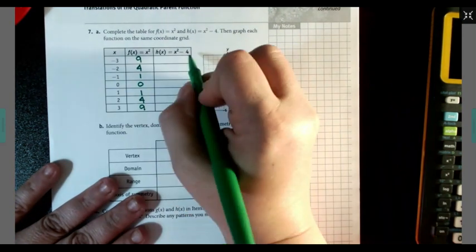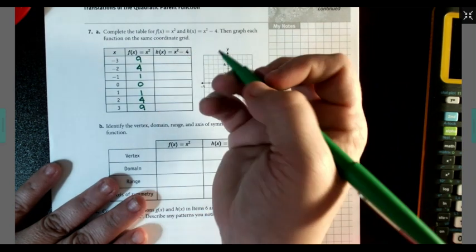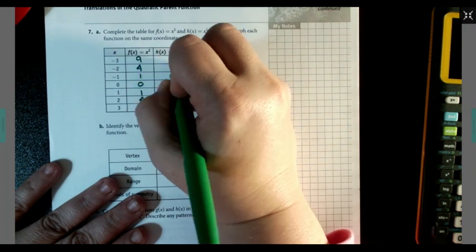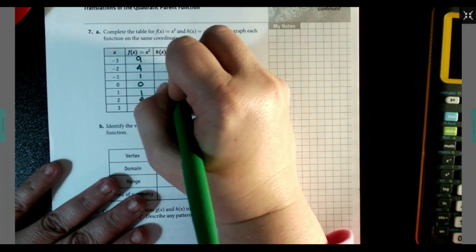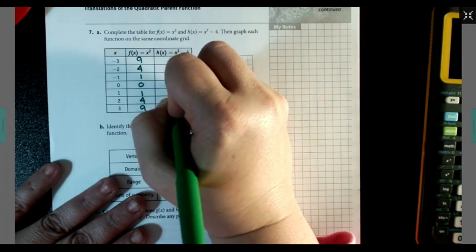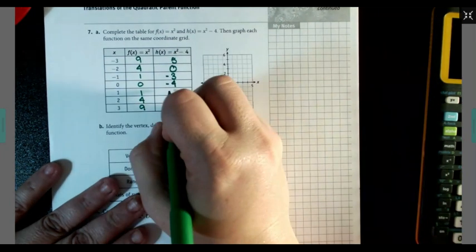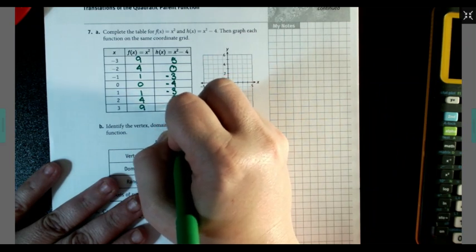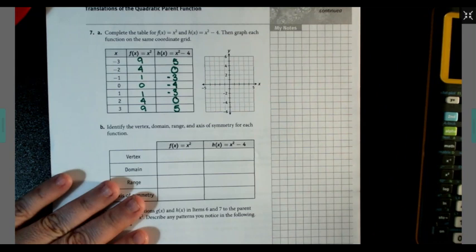Okay? This time we're going to subtract 4 each time. So we've got 5, 0, negative 3, negative 4, negative 3, 0, 5.